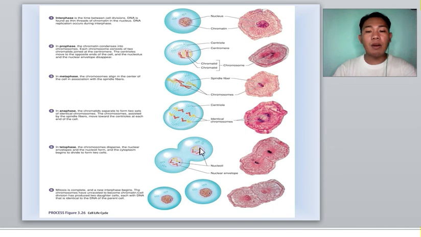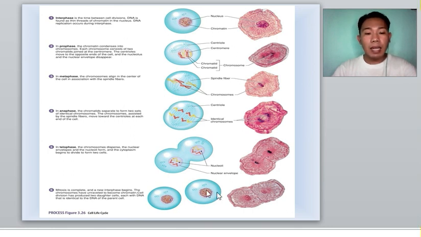Lastly is the telophase stage, wherein the chromosomes disperse, the nuclear envelope and the nucleolus start to form, and the cytoplasm begins to divide to form 2 identical daughter cells. And notice the structure here. If it's an animal cell, it is known as the cleavage furrow. If plant cell, it is known as the cell plate.